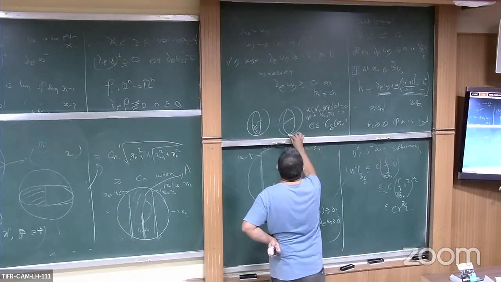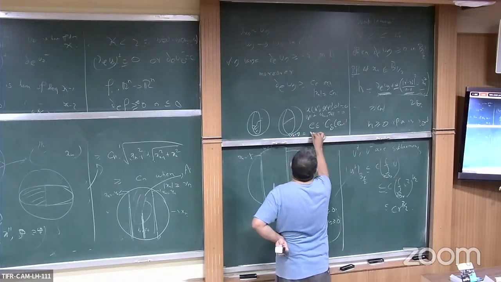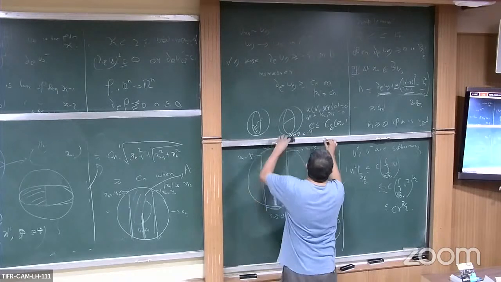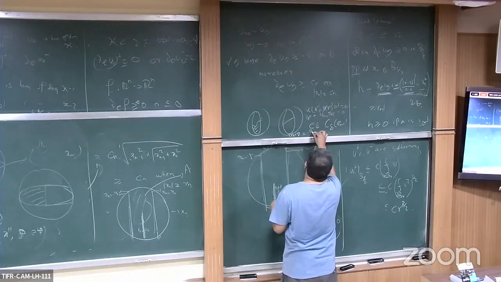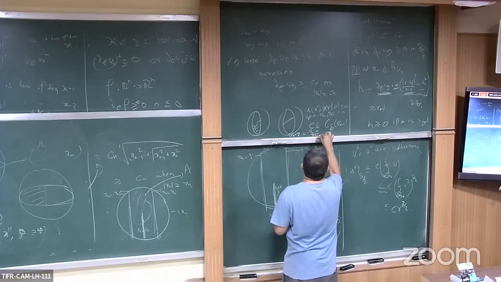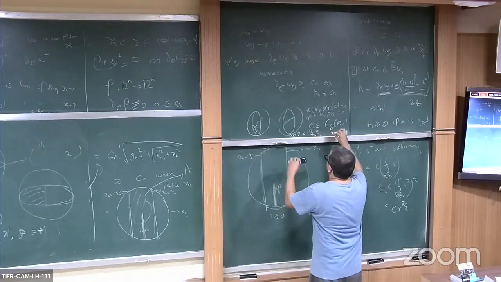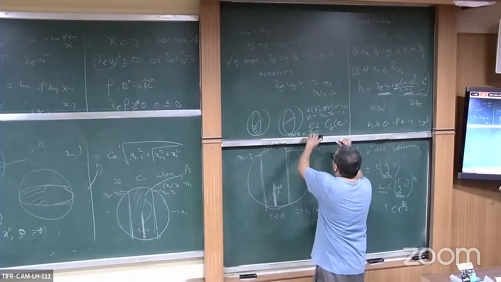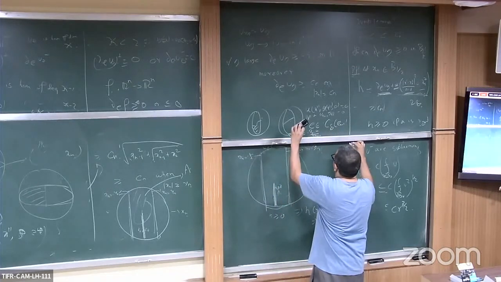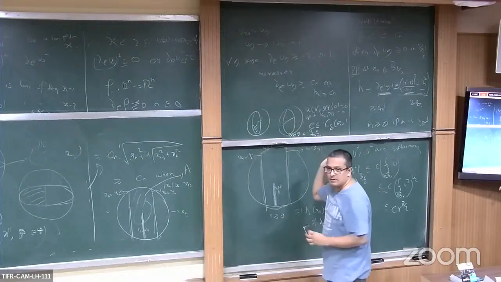So the gradient of g is roughly minus gradient of x double prime u divided by u_{x_{n-1}}.